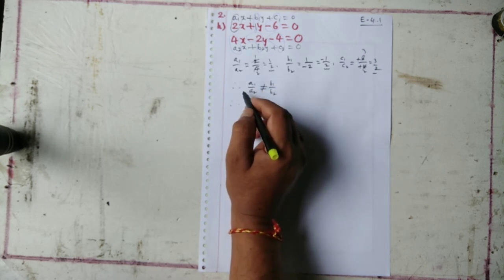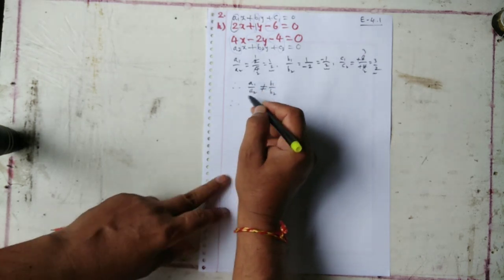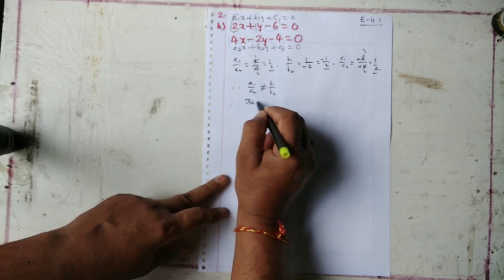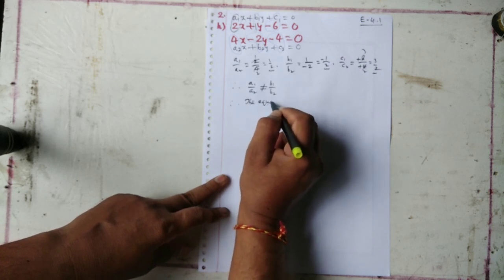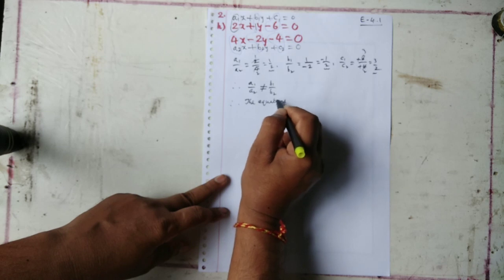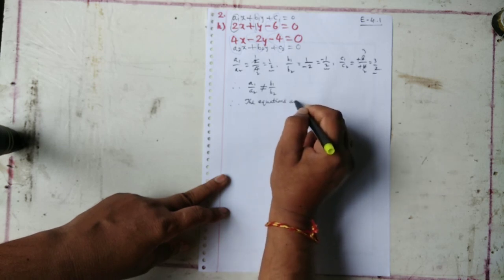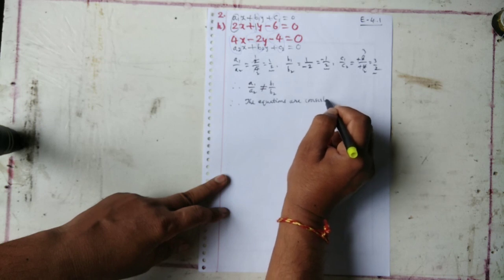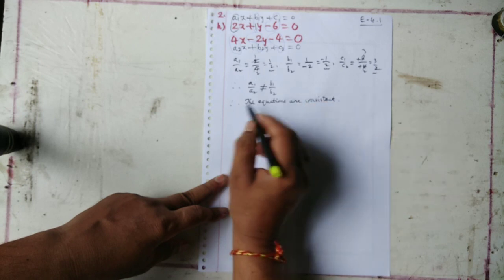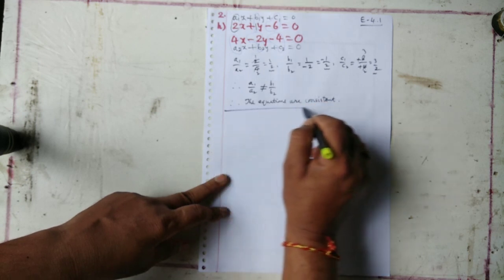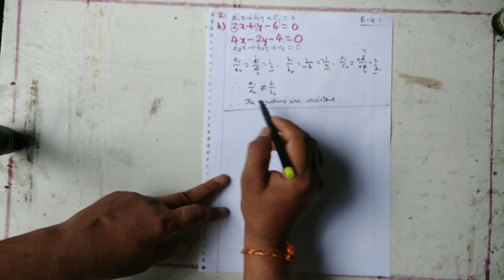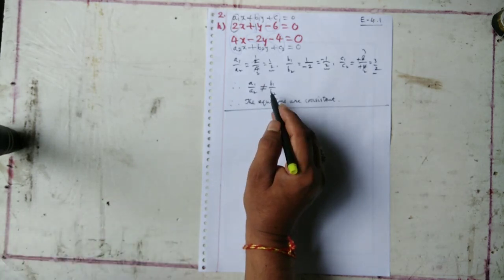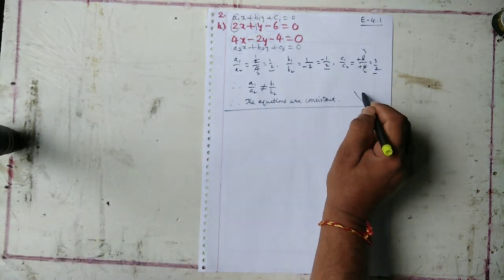Therefore, the equations are consistent. And also we can say that they represent intersecting lines and have a unique solution.